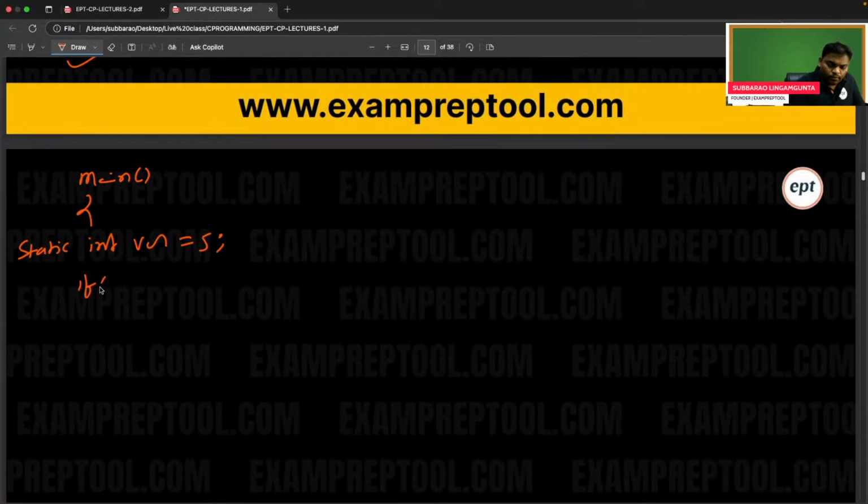If where minus, then main. Printf, print where. It's a very tough question. I don't know how many people will give the answer for this.